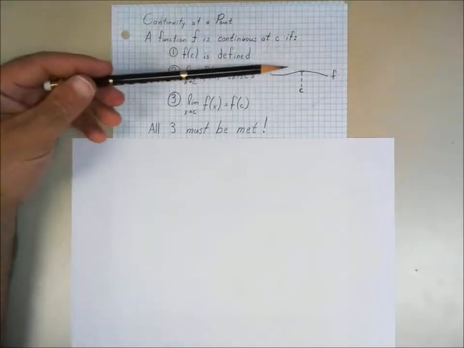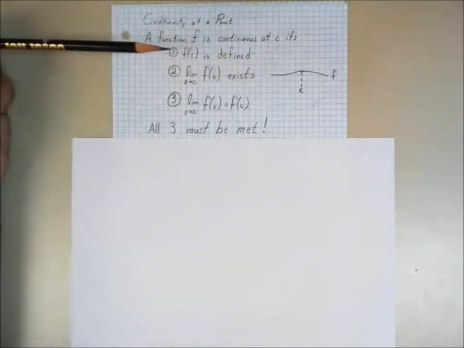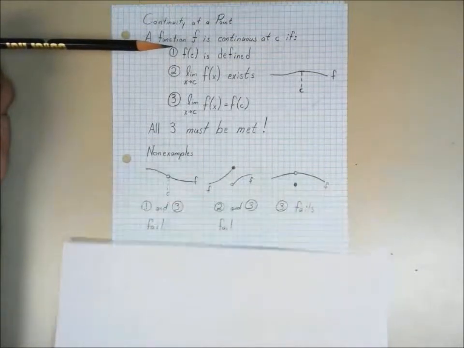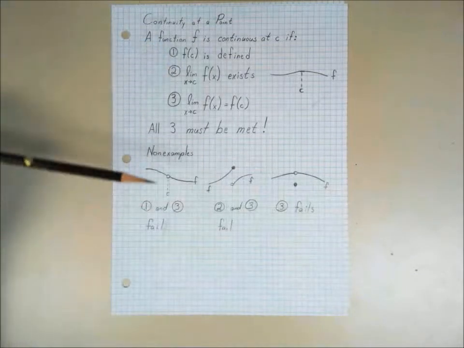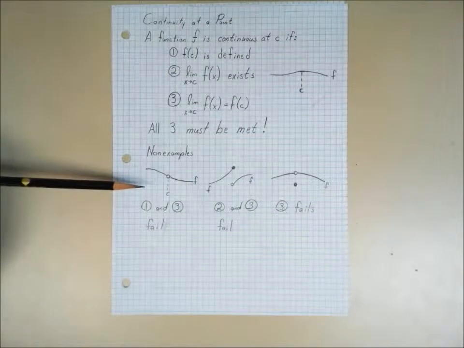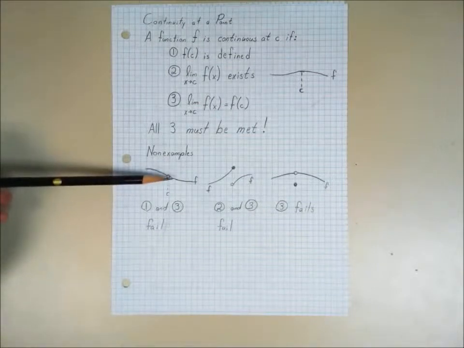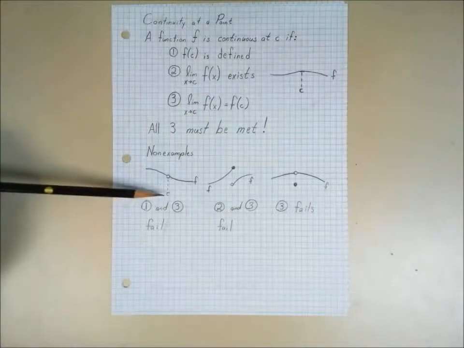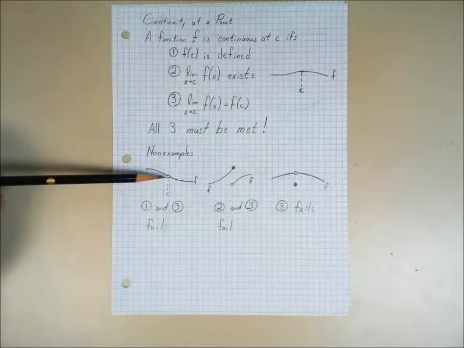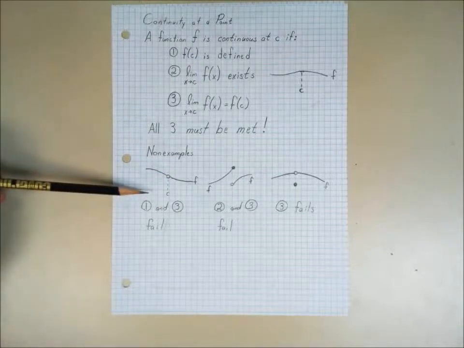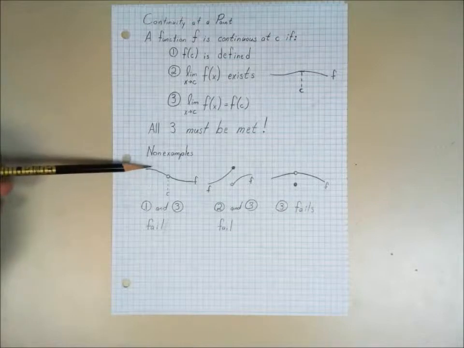And just as important as knowing what the example looks like, non-examples are just as important. So down here I've shown you three possibilities that students sometimes get confused. I didn't show where it's unbounded, but of course any unbounded function at that point would be discontinuous at that point. In the first example, you notice that 1 and 3 fail.